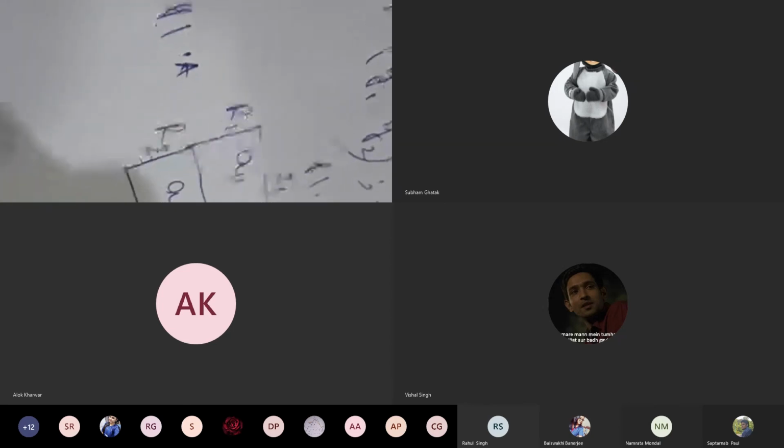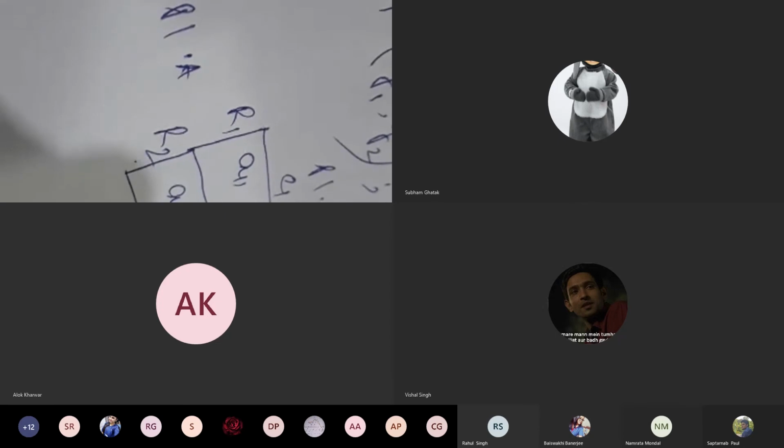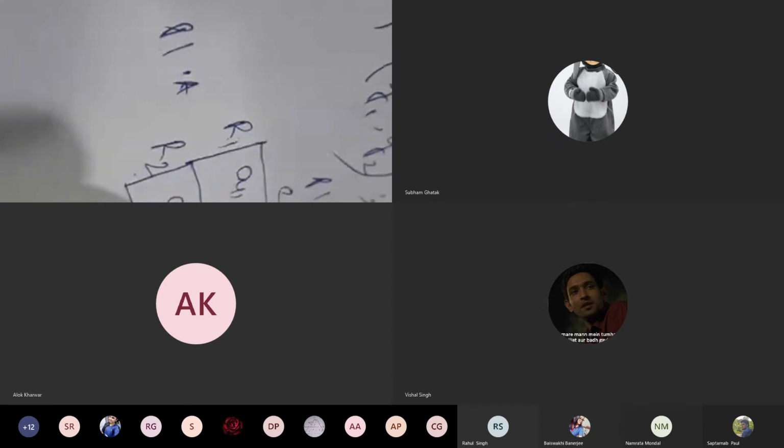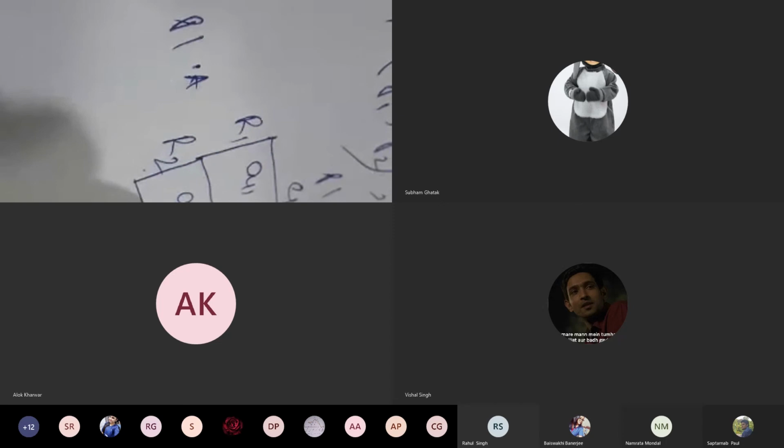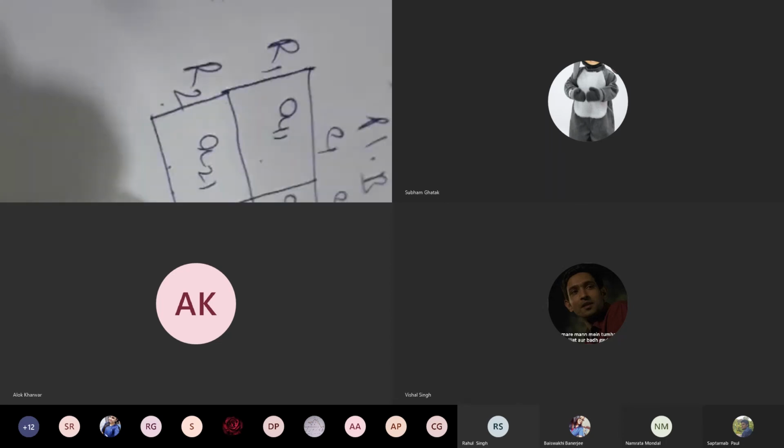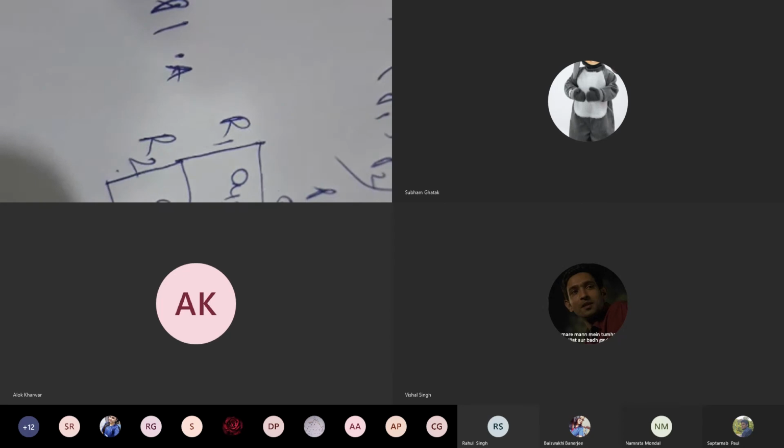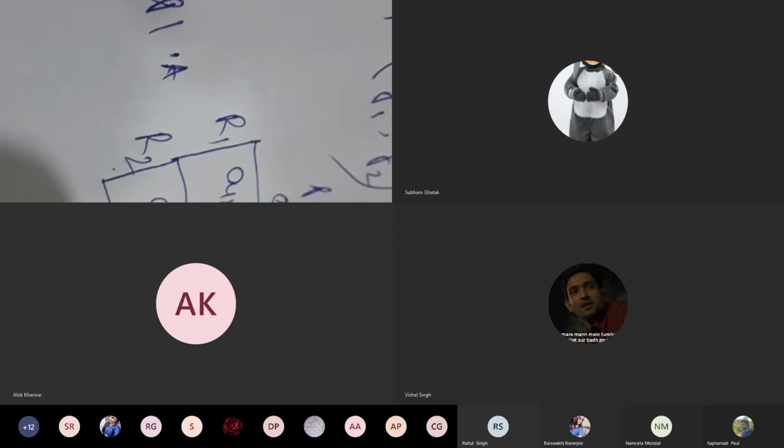This cell is first row and second column, so A12. This cell is second row and first column, so A21. And the fourth cell is second row and second column, A22.